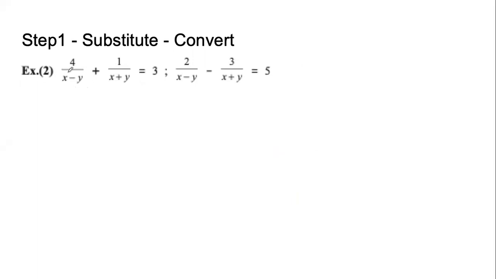So in the earlier equation, the denominators were x and y. Now, instead of x and y, we have x minus y and x plus y. So the only thing that will change is what substitution we do in the first step.